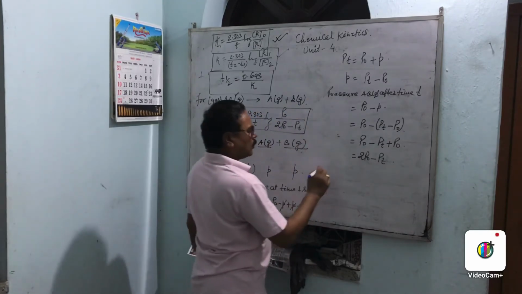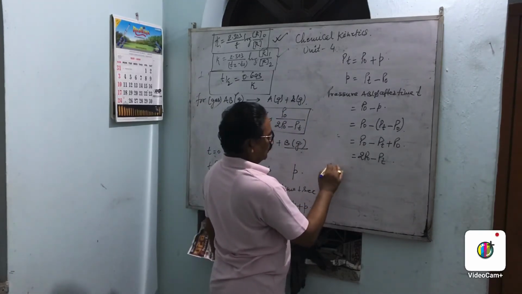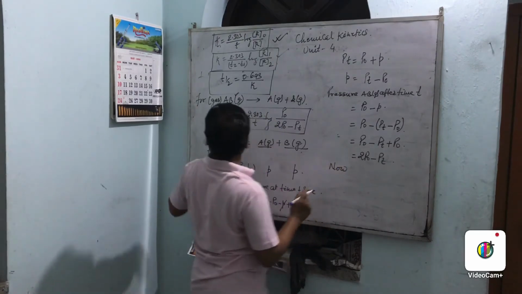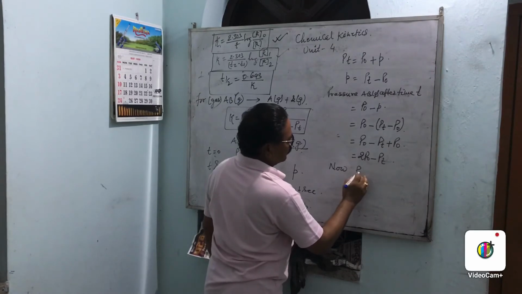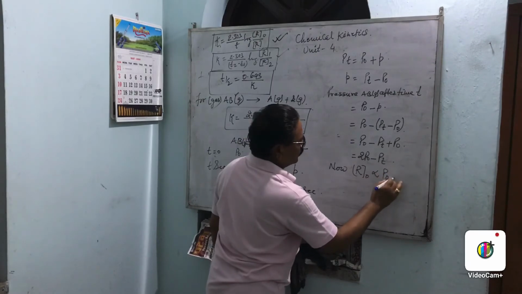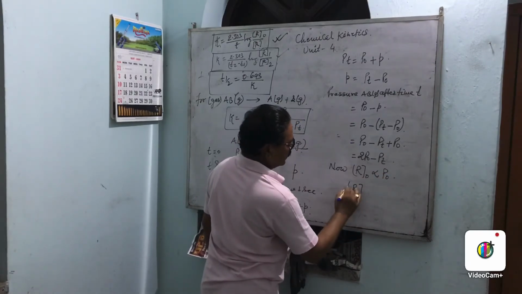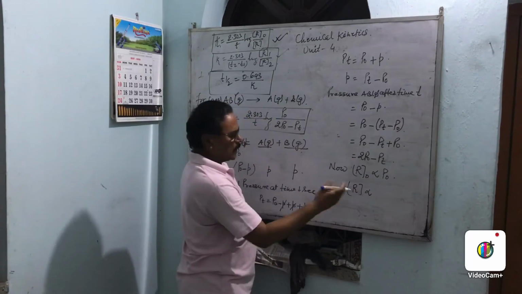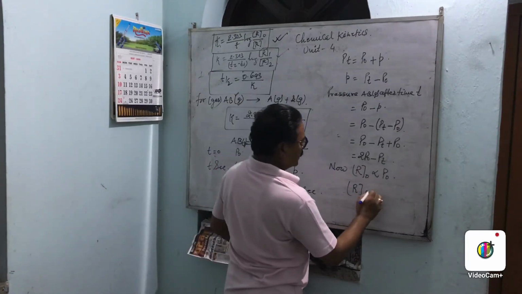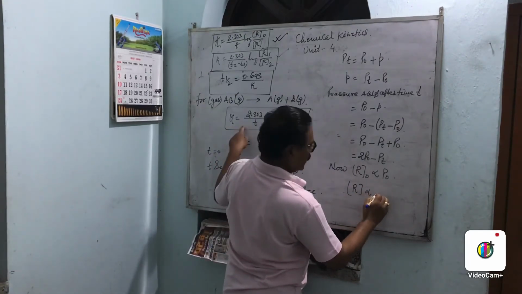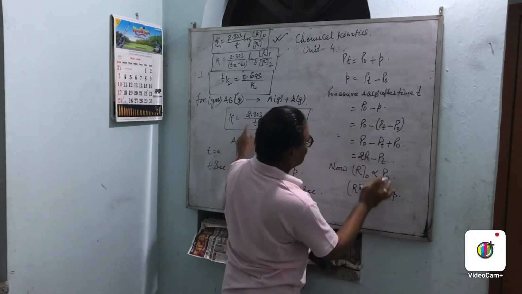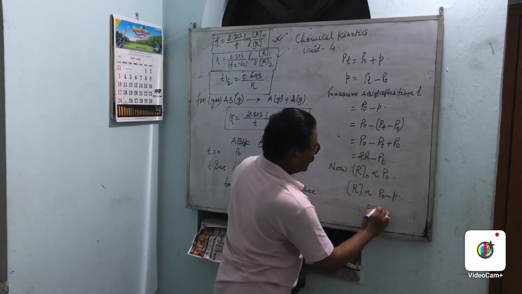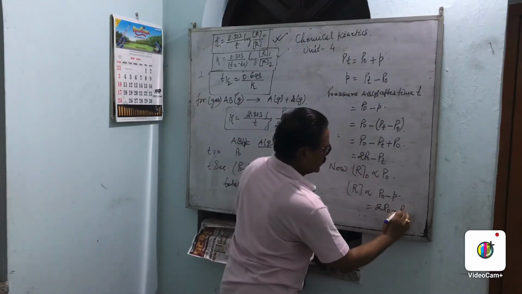So now this R naught is directly proportional to P naught, and R is directly proportional to P naught minus P at time T. Now this P naught minus P is written as 2P naught minus Pt.